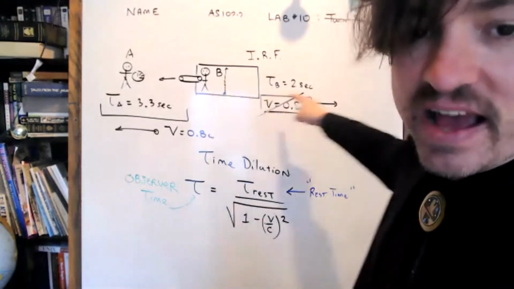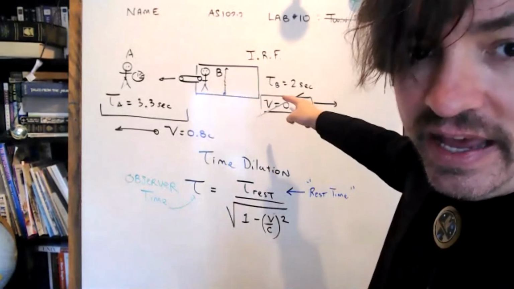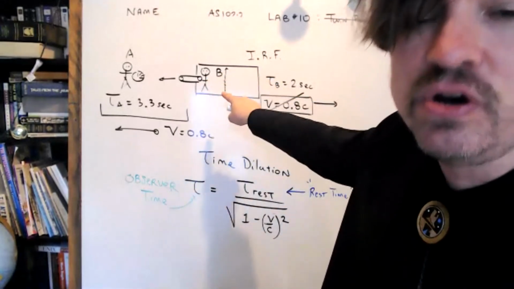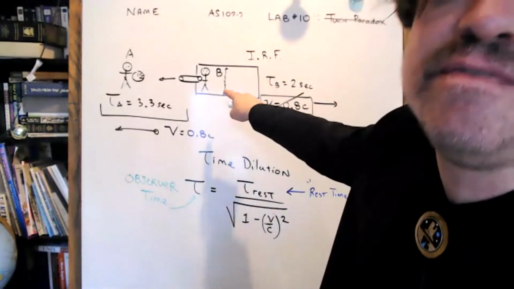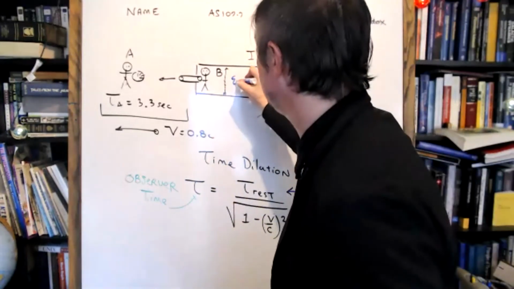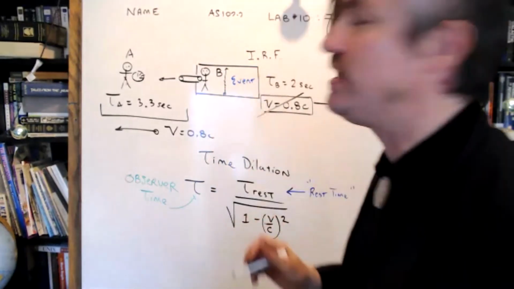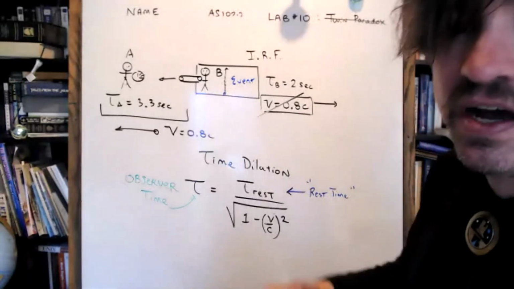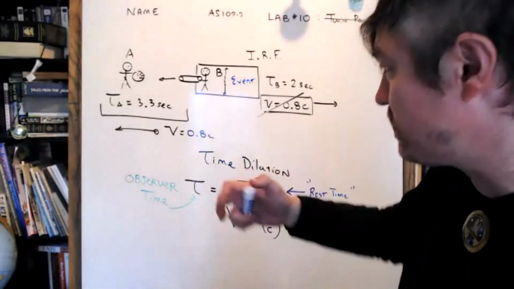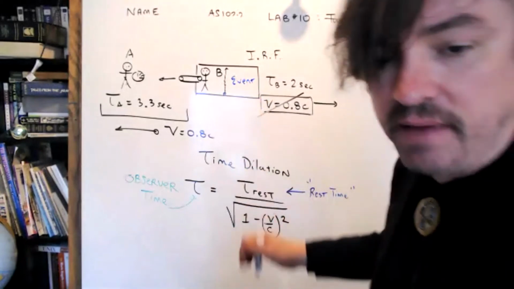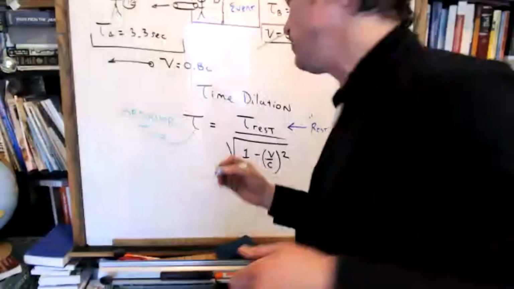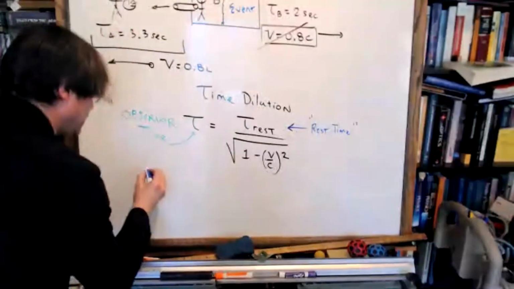It's not that B's at rest. He's clearly in a boxcar. It's that B is at rest with respect to the event. The event is the thing that you are measuring, whether it's a supernova or a pulsar, or in this case, a laser beam. And that's the last note that I wanted you to take.